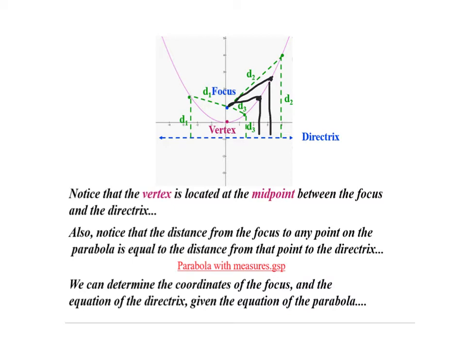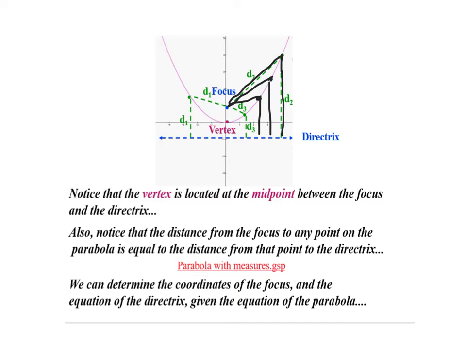As we go up and up and up, this dotted line right here is going to be the same length as this dotted line right here. Also notice that the distance from the focus to any point on the parabola is equal to the distance from that point to the directrix. Okay, so that was what I just pointed out.